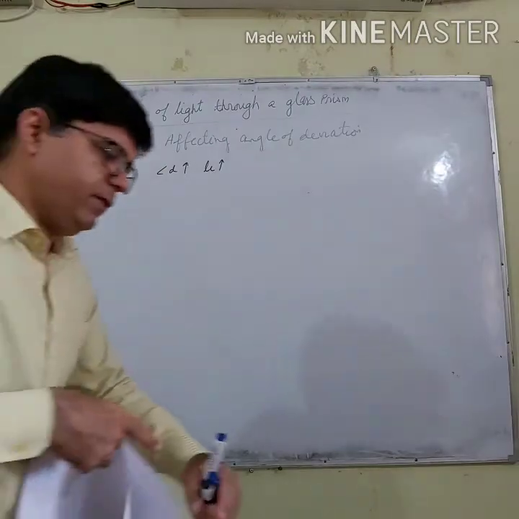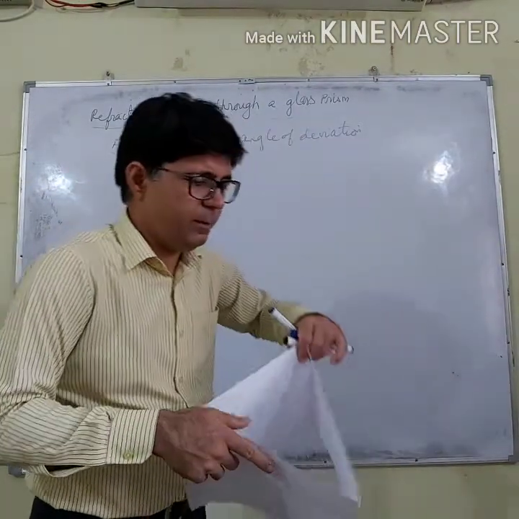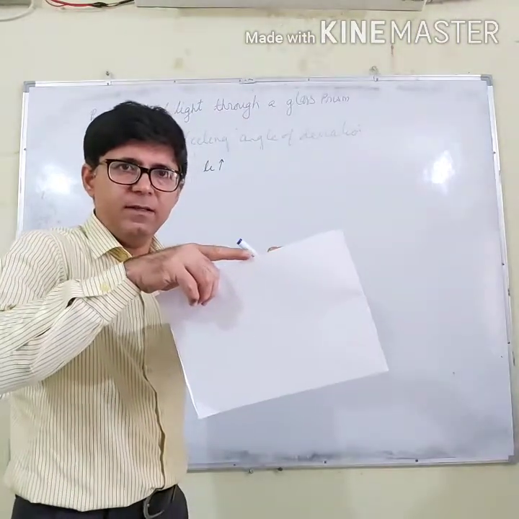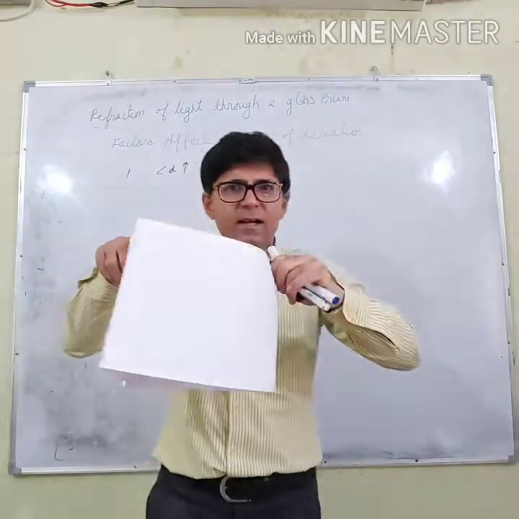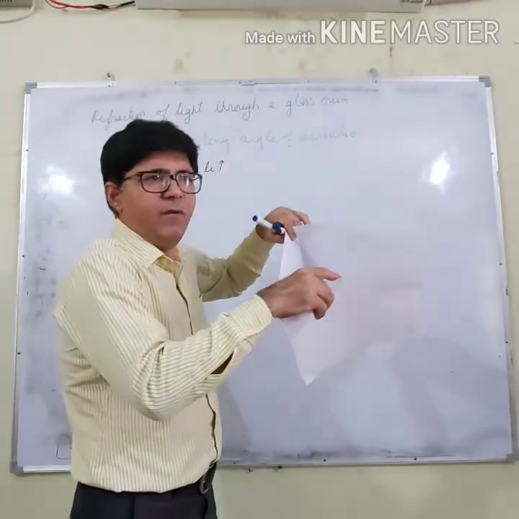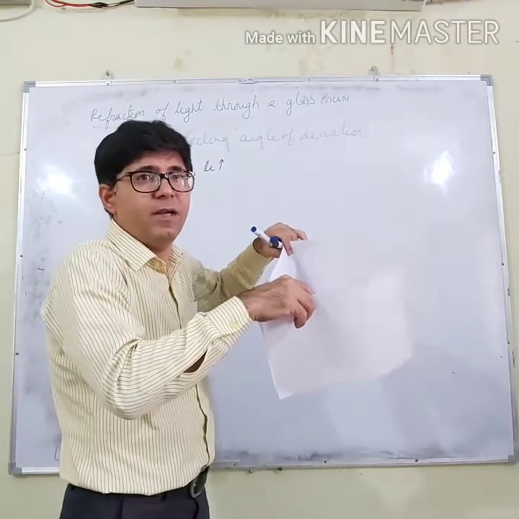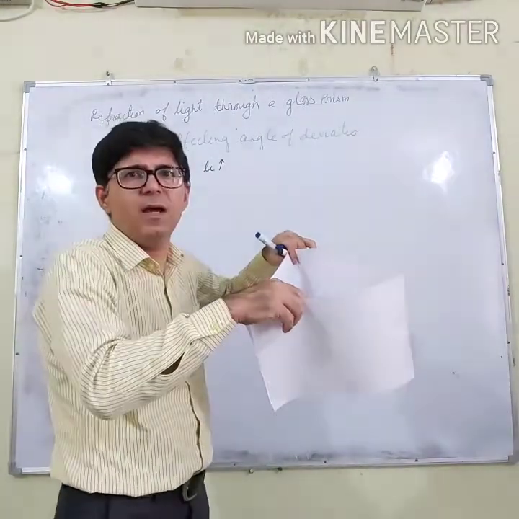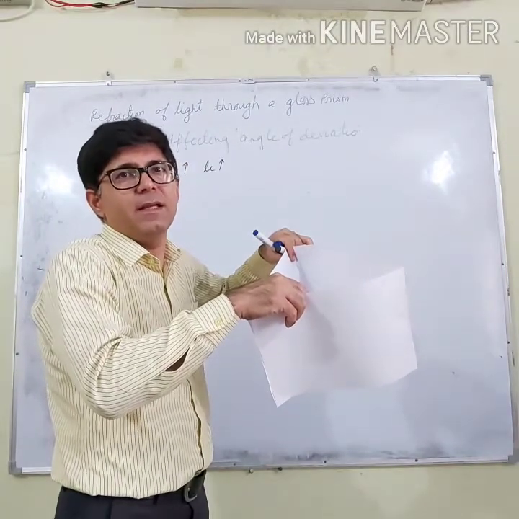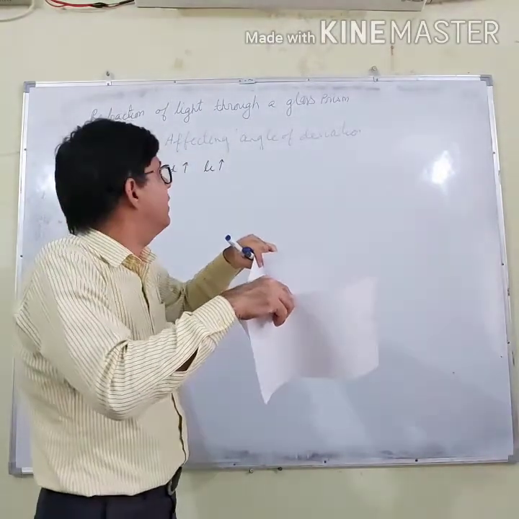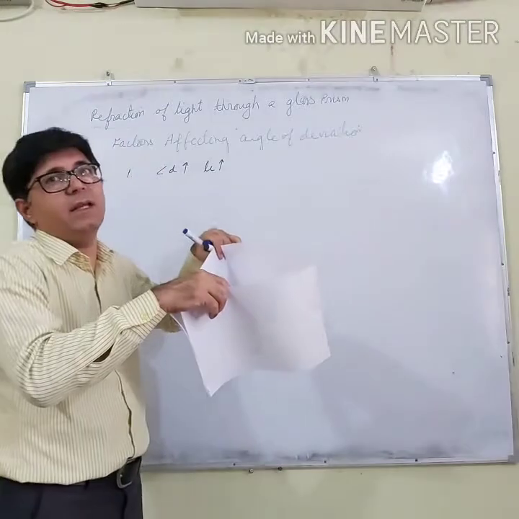So let us say this is the prism. Let us say these faces are transparent, and I fill this with a liquid whose refractive index is more than that of the glass. So what will happen? In this case you will find that the angle of deviation will increase.